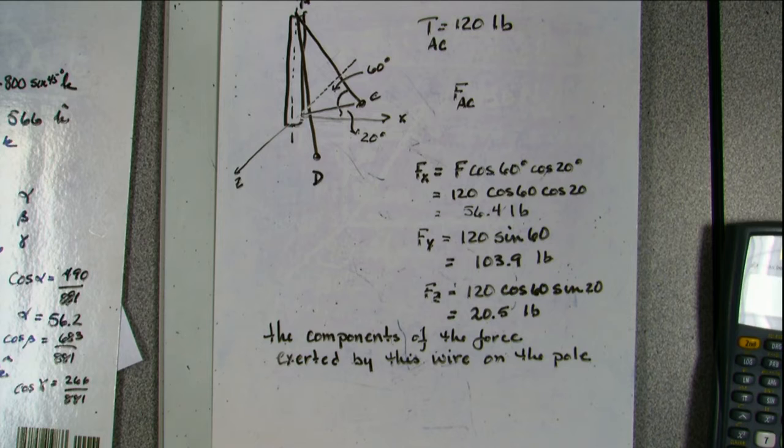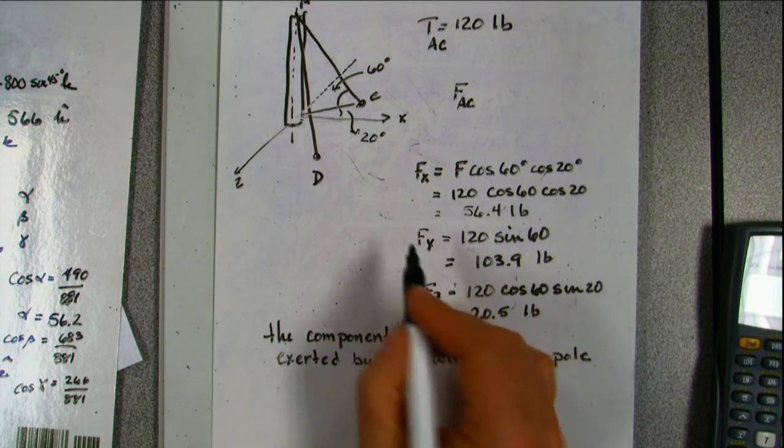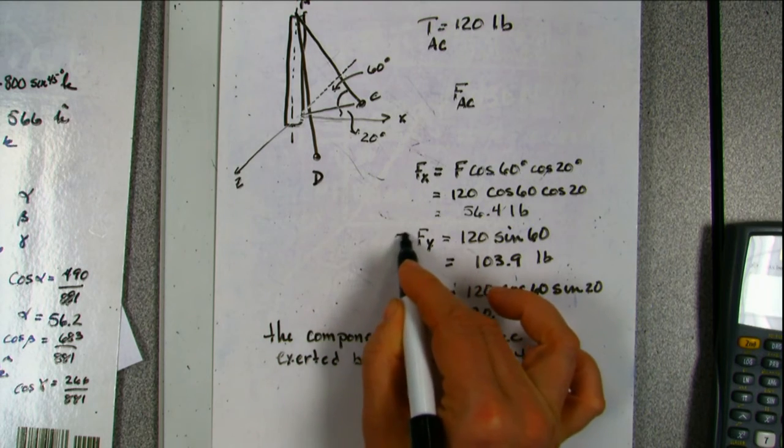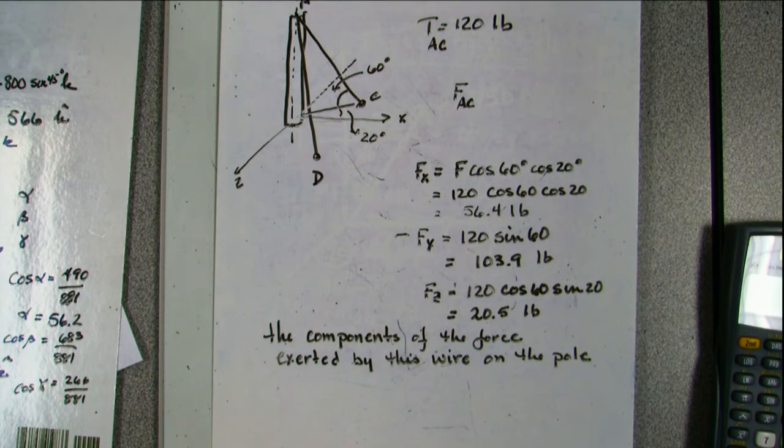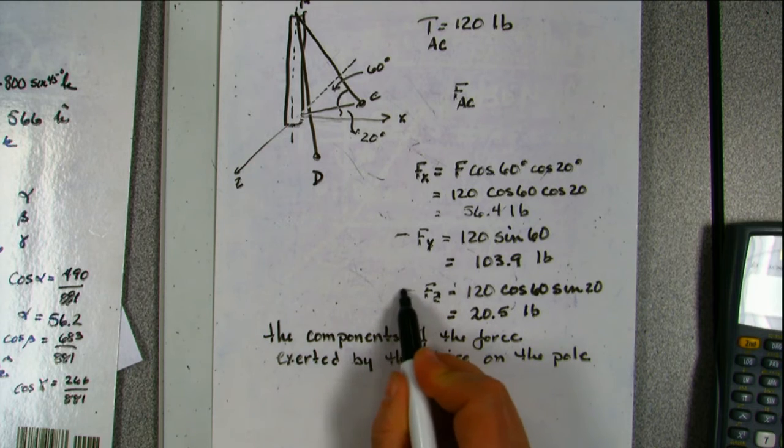The components of the force exerted by this wire on the pole. That means that if I'm doing that, we're looking at it on the pole, that magnitude has to be a negative on that one, and it has to be a negative on this one.